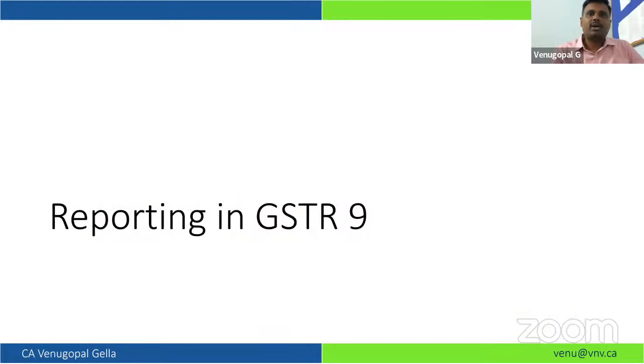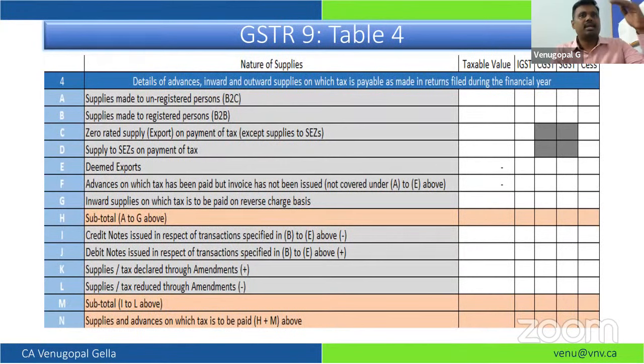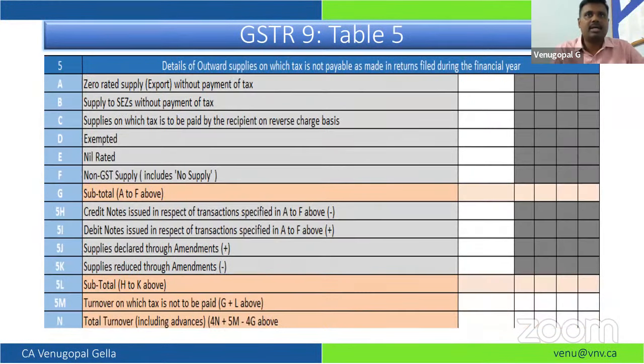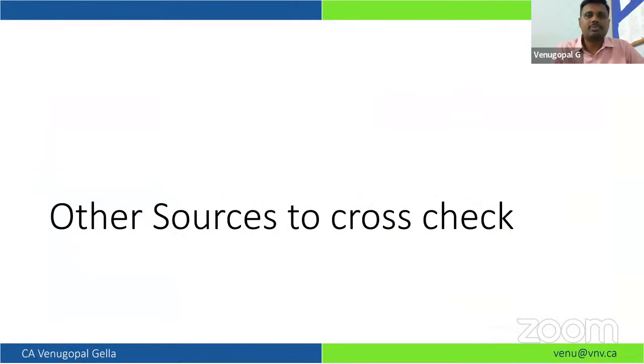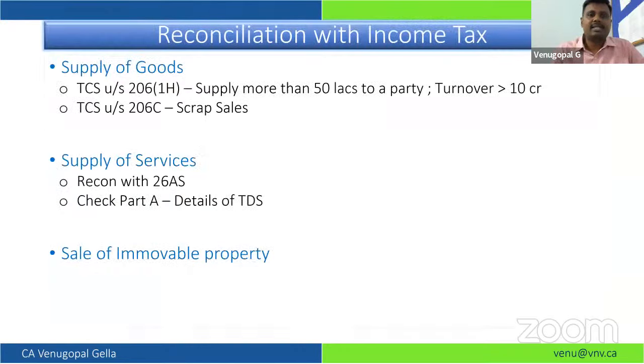So how do you do the reporting of GSTR-9? Table 4 has multiple sections, 4A, 4B, 4C, where the earlier derived values you will have to segregate and put in this way, which again I'll be walking you through in the tool, table 4, table 5. The other information that you need to cross-check is your TDS returns.